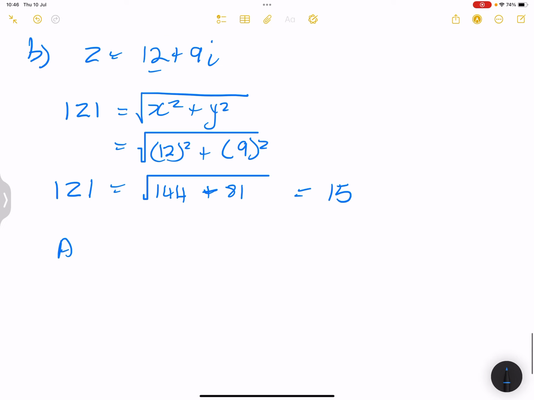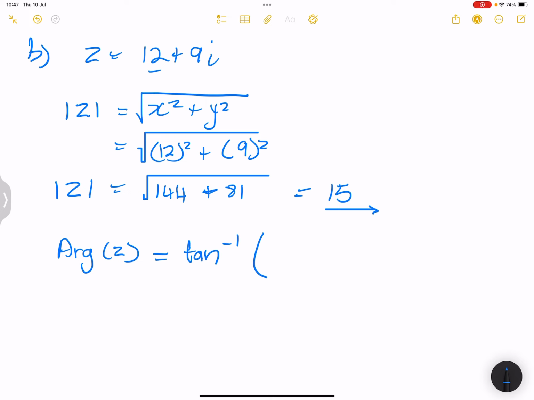But what about our argument? By the way, I want you to note, I can use a different formula. I'm not really confined to using tan, just to show you that we will get the same answer. So for our argument, that's the arctan.